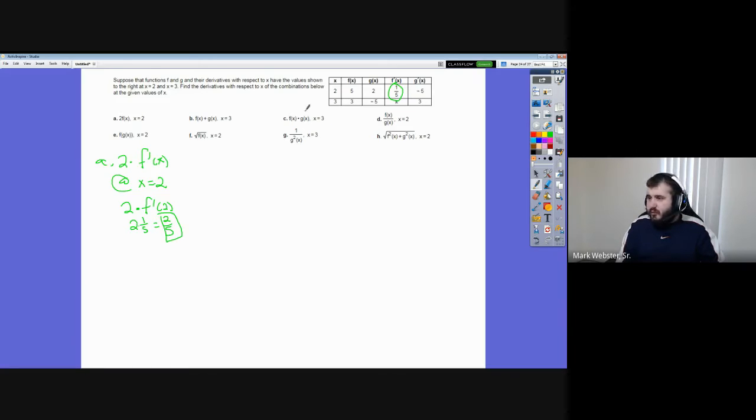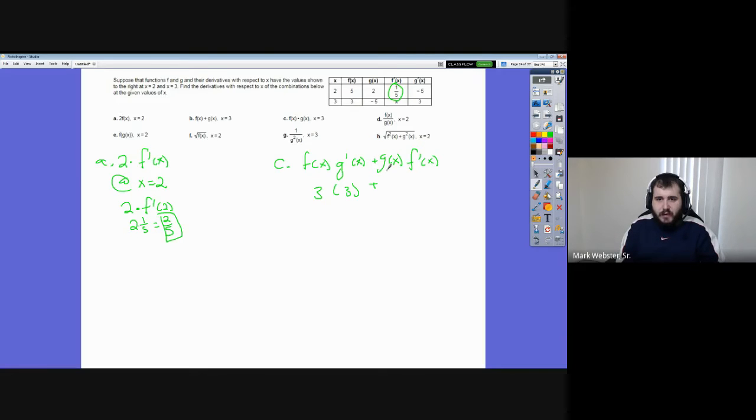3, they want you to use the product rule, right? Left d right plus right d left. So for C, left d right plus right d left, at 3, right? So we've got f of x at 3 is 3. G prime of x at 3 is 3.